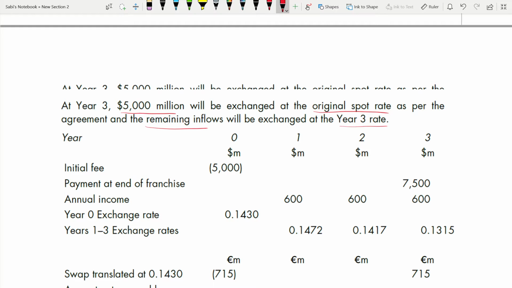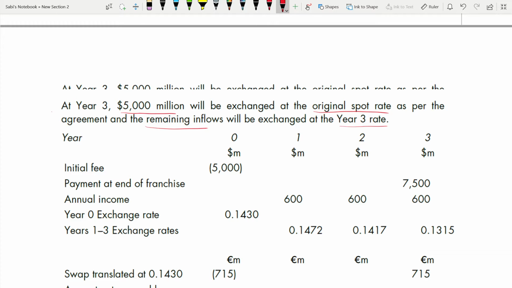Whenever this type of agreement comes, which is not normal, where this amount will be exchanged using the original rate, better to note it. Normally what we do is for year 3 we exchange using year 3's rate. In that case you don't have to write anything, but here it is an exception. They are using the original spot rate.